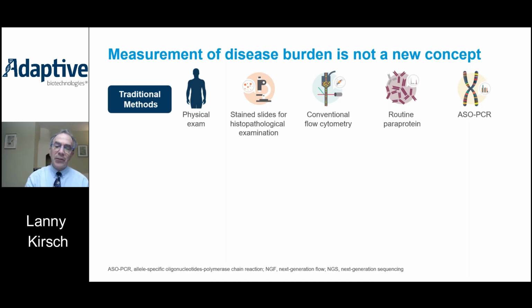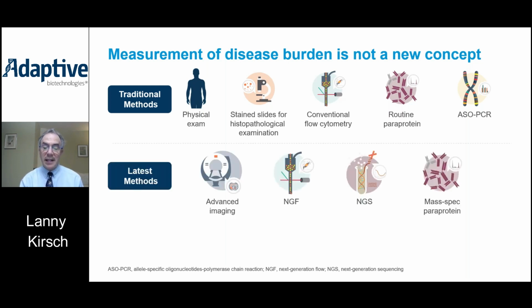As the tools of medicine developed, bone marrow cells were obtained and stained to reveal their morphology, and the number of aberrant-looking cells were counted. Within the past few decades, conventional flow cytometry, serum paraprotein analyses, and ASO-PCR, which stands for allele-specific oligonucleotide polymerase chain reaction, have been increasingly utilized.